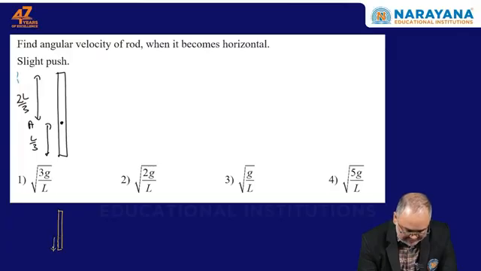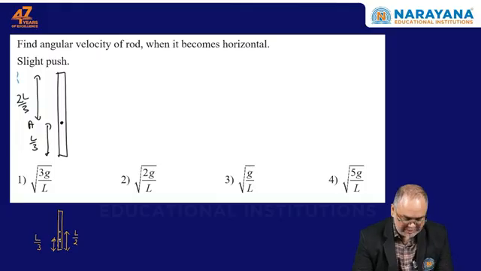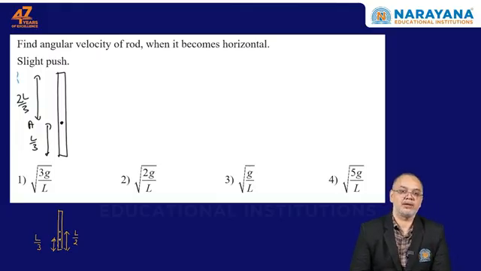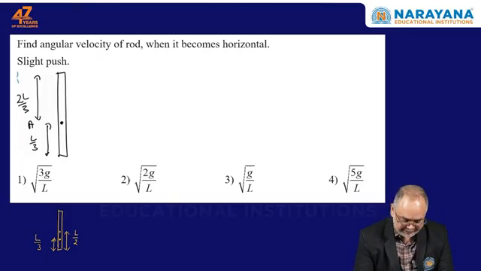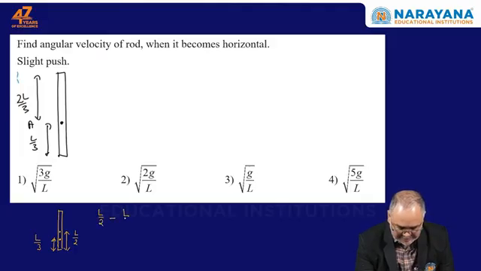This distance is L by 3, and let us say here we have the center of mass, so this distance is L by 2. So the distance between the center of mass and the hinge point is L by 2 minus L by 3, which is equal to L by 6.